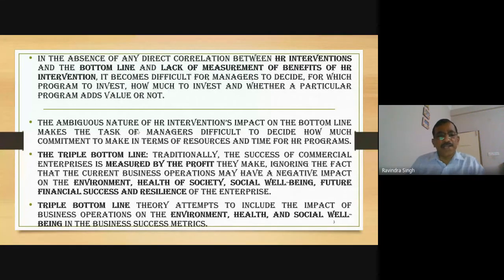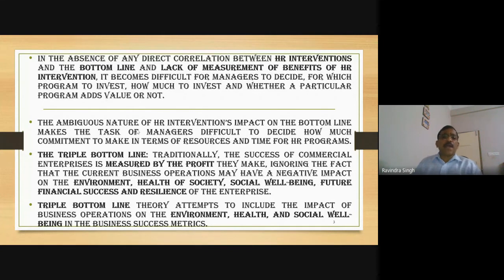But they forget the negative impact on the environment, health of society, and social well-being of the employees and their surroundings.